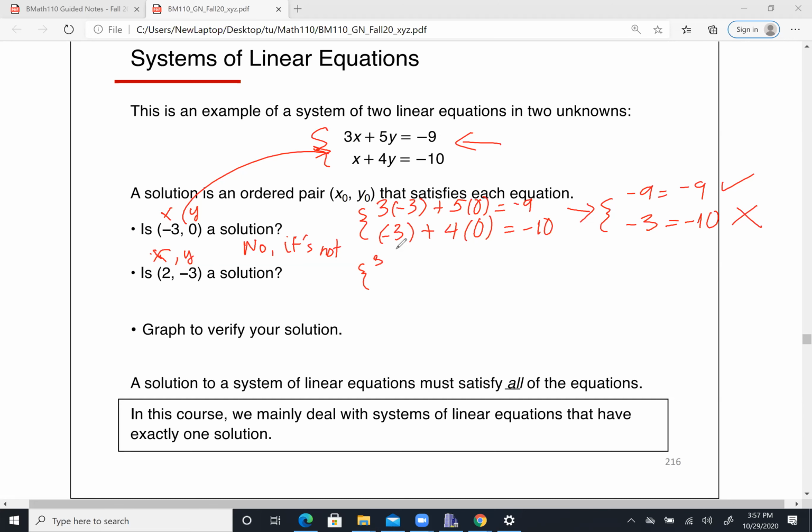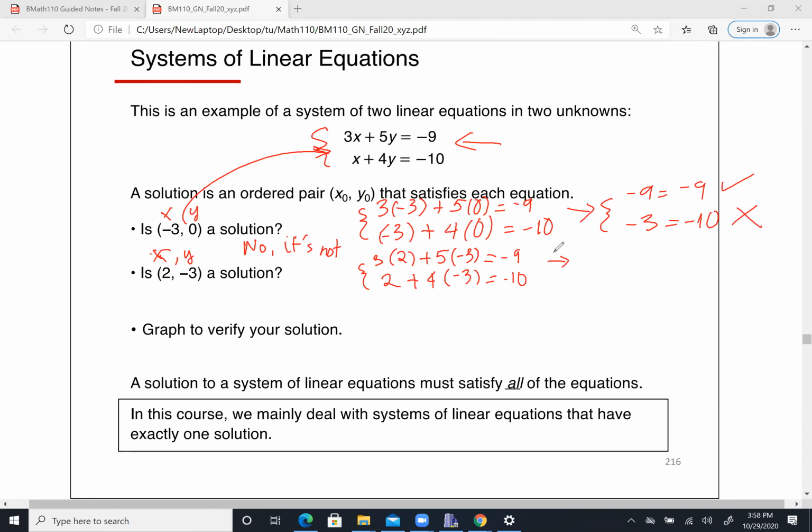So 3 times 2 plus 5 times -3 equals -9, and then 2 plus 4 times -3 equals -10.